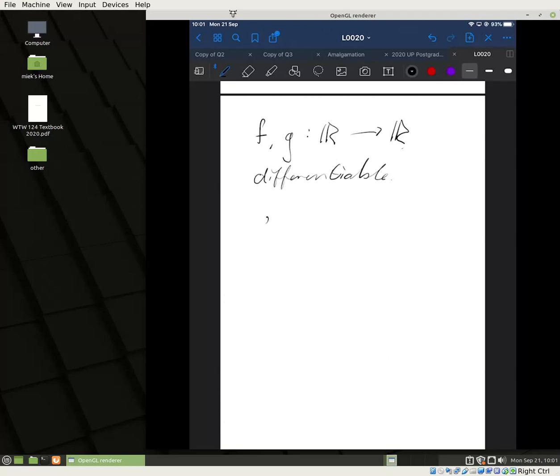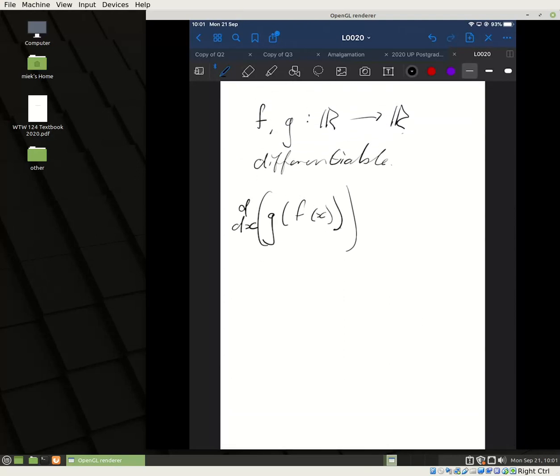And if we consider g applied to f of x, and if we take the derivative d/dx of this expression, what do we get? Then, of course, by the chain rule, we get the derivative of g applied to f of x multiplied with the derivative of f.